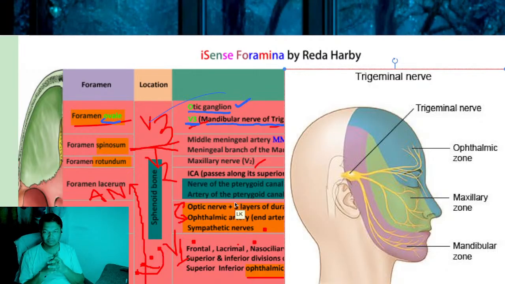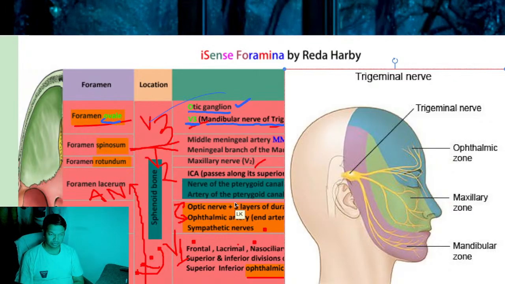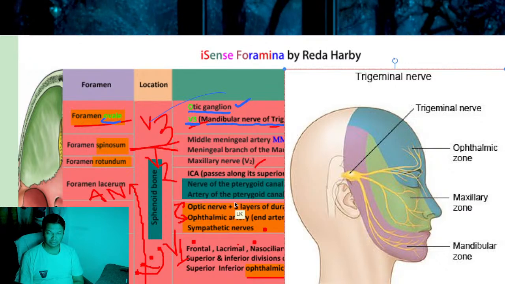Olfactory, optic, oculomotor, trochlear, trigeminal, abducens, facial, vestibulocochlear, vagus, glossopharyngeal, accessory, hypoglossal. You just swapped 9 and 10.